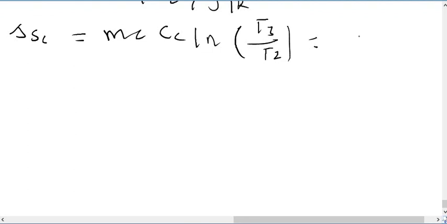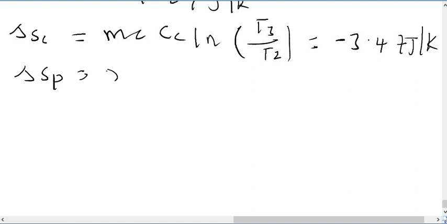By substitution we get minus 3.747 joule per Kelvin. So the change in entropy of the piston is equal to 0. The gravitational piston is mechanically isolated.